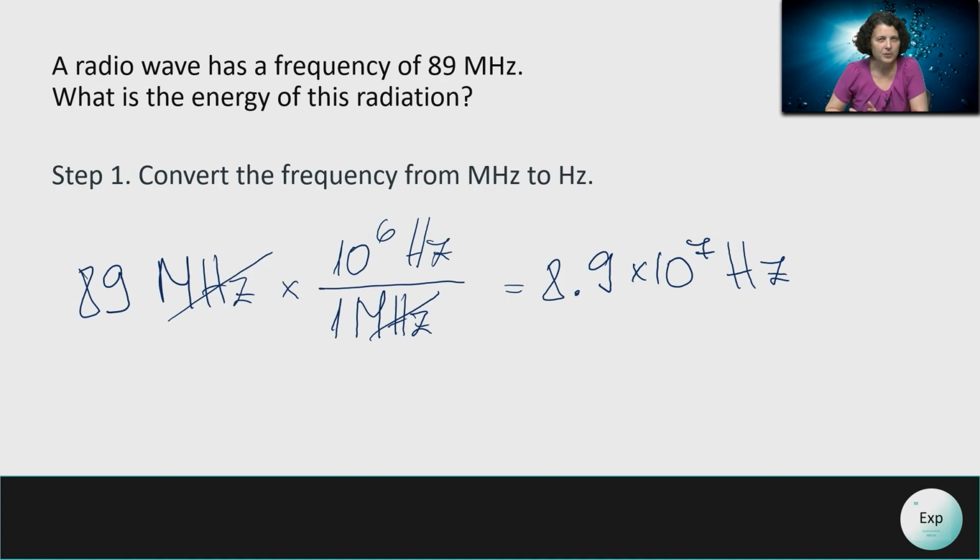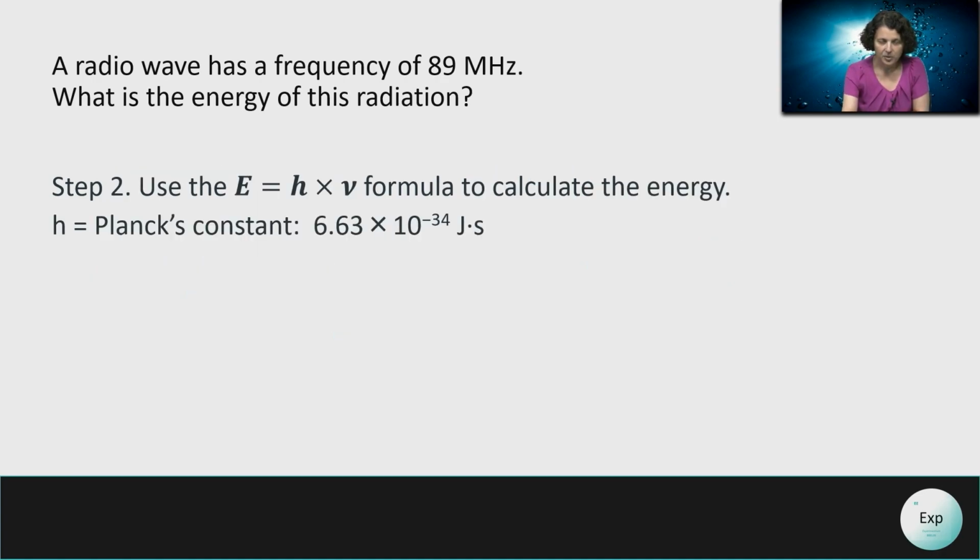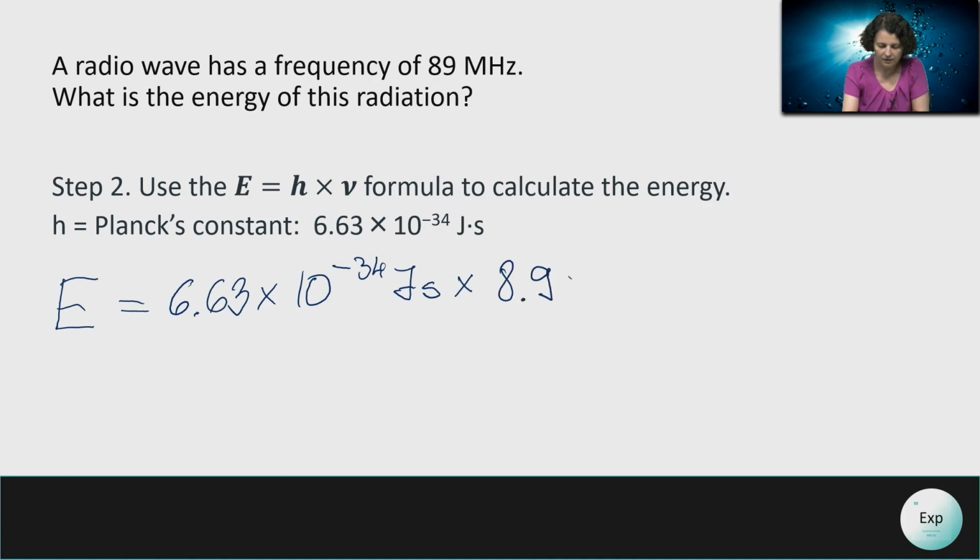Once we have our frequency, it is time to apply Planck's law. In this expression, almost everything is known except the energy, which is our task to calculate. Energy equals, we take Planck's constant, 6.63 times 10 to the negative 34th joules second, and we multiply it by our previous calculation, 8.9 times 10 to the 7th, and here we have per second.